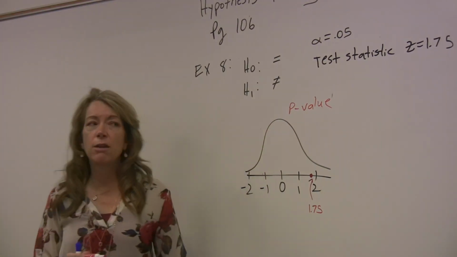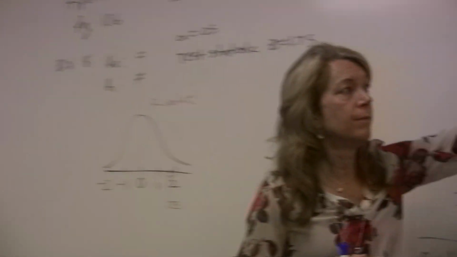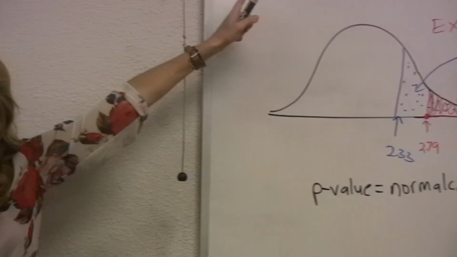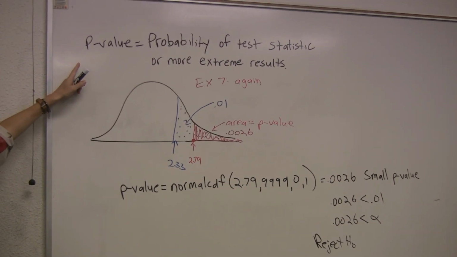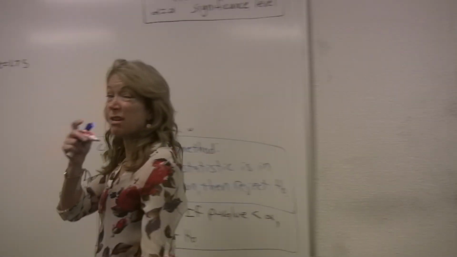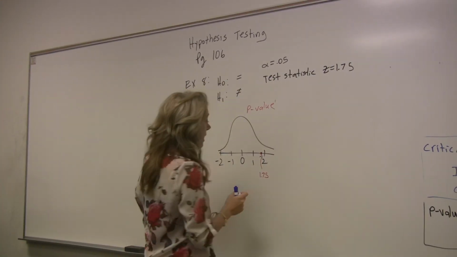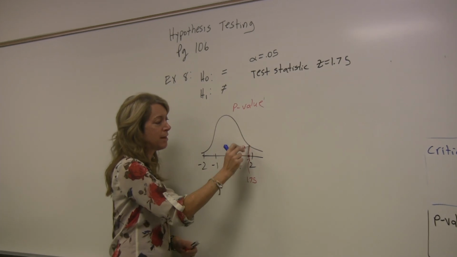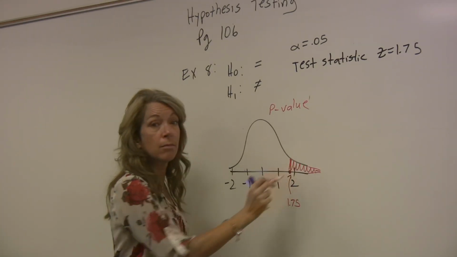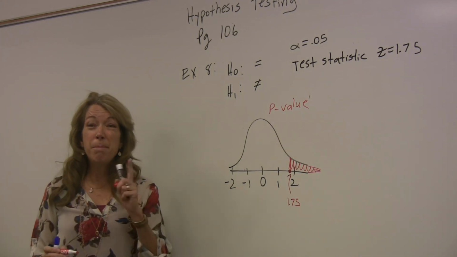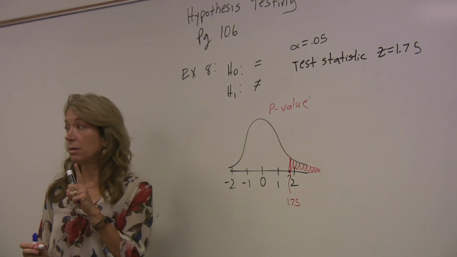So what is the p-value? Probability. The probability of getting my result or something more extreme. So normal CDF. Let's draw the tails first though, but you're right, we're going to do normal CDF. So either getting 1.75 or more extreme. But here's the catch.